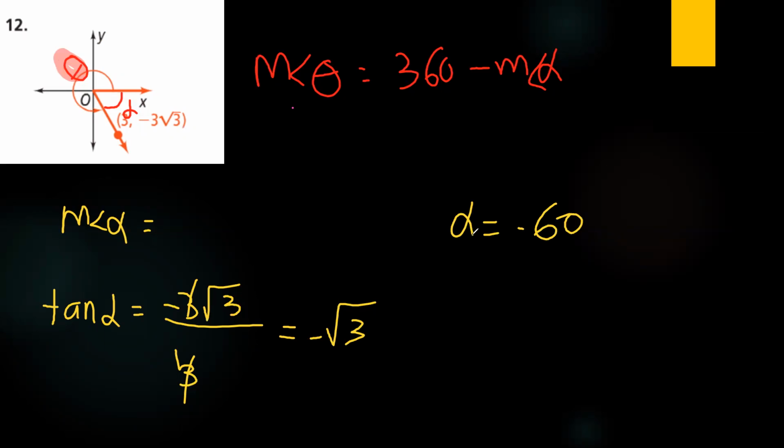What's the meaning of negative 60? That means that I move clockwise. That's why it's negative 60. The most important thing for me is this angle here, which I found to be 60.